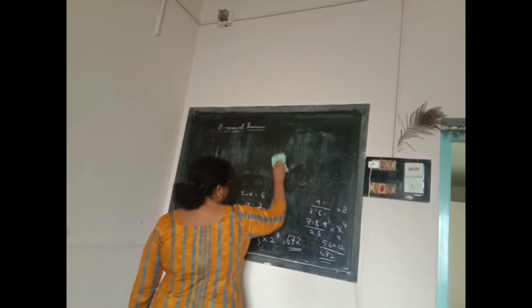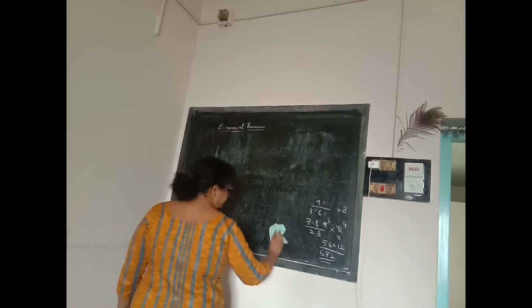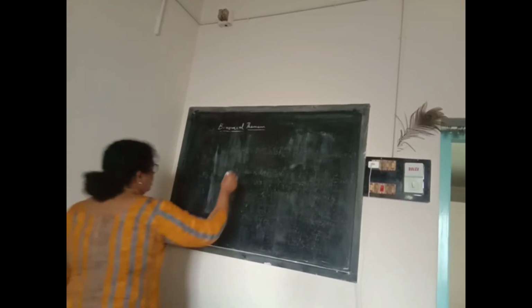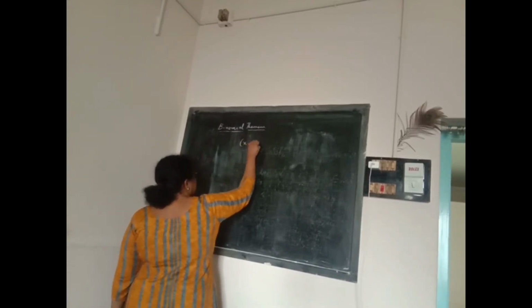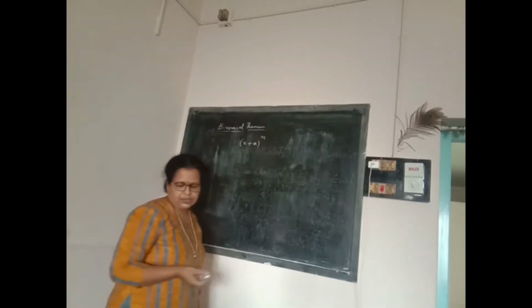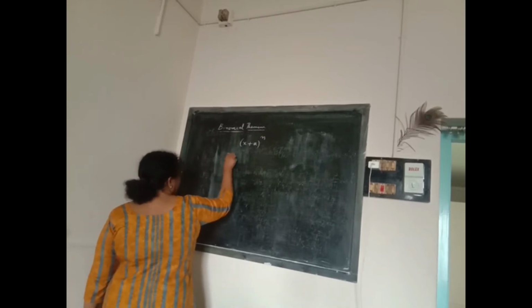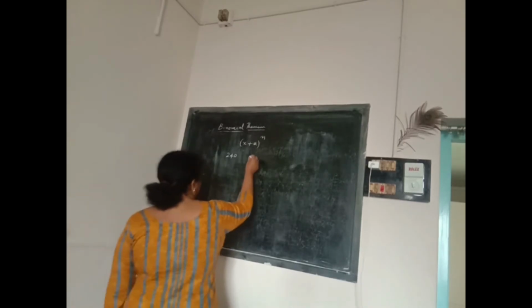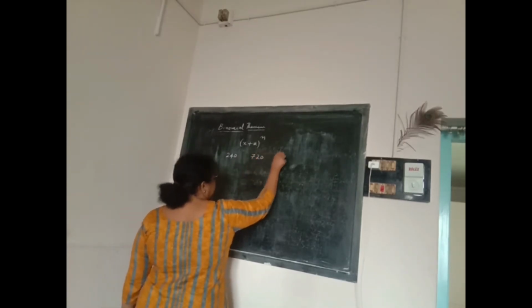Second, third, and fourth terms. The second, third, and fourth terms of the binomial expansion (x plus a) whole raised to n are 240, 720, 1080.